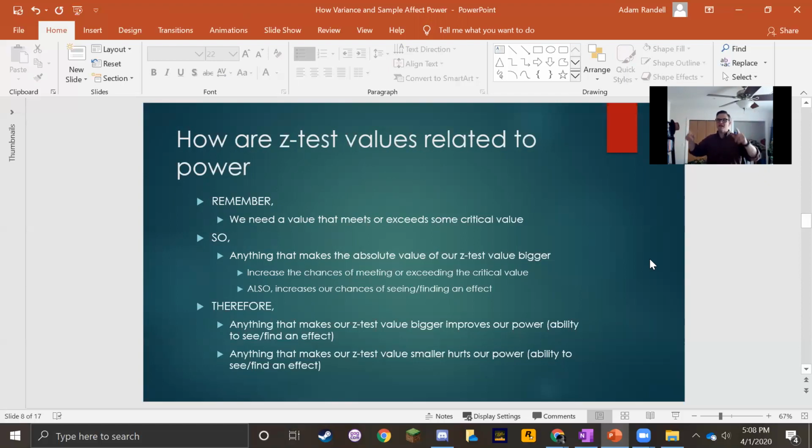So anything that makes the z-test value or the test statistic bigger increases our power. Anything that makes the test statistic, in our case, the z-test value, smaller reduces it, all right? Because anything that makes the z-test value bigger makes it easier to find an effect. Anything that makes the z-test value smaller makes it harder to find an effect because it's going to be less likely to meet or exceed a critical value.